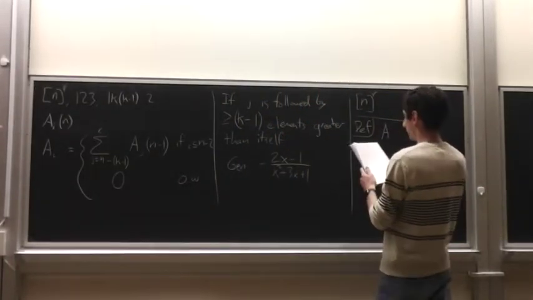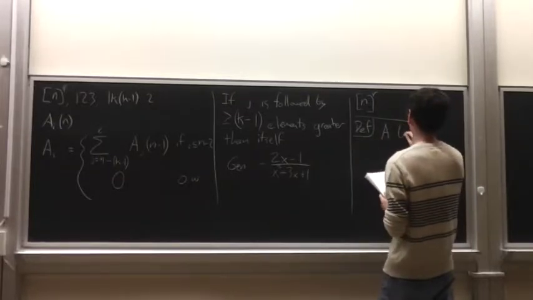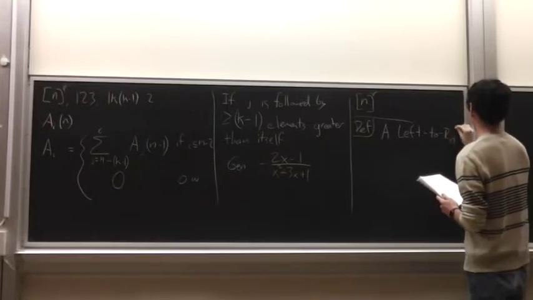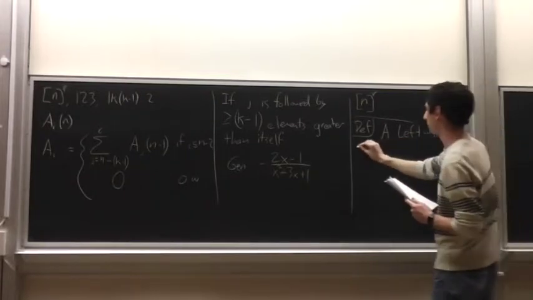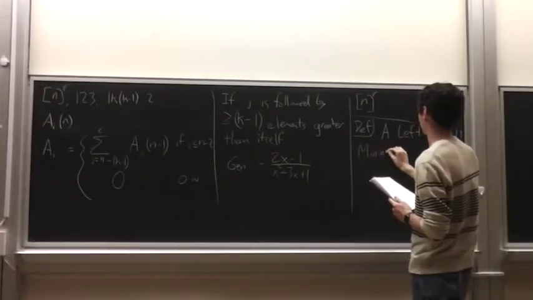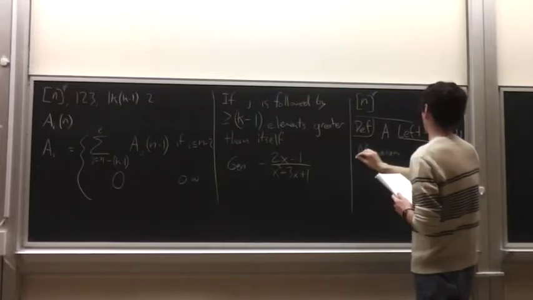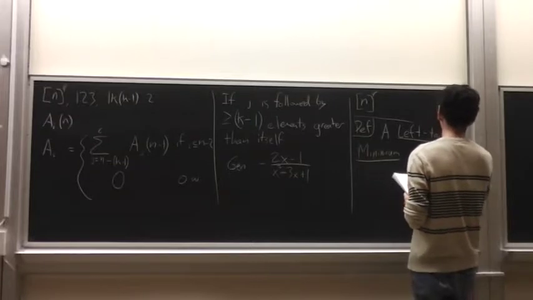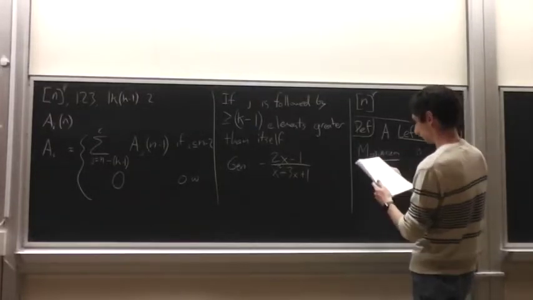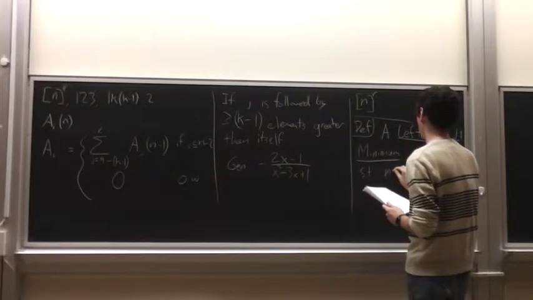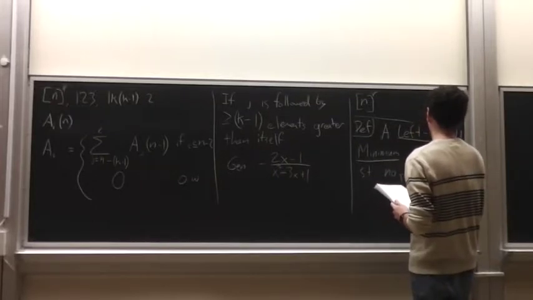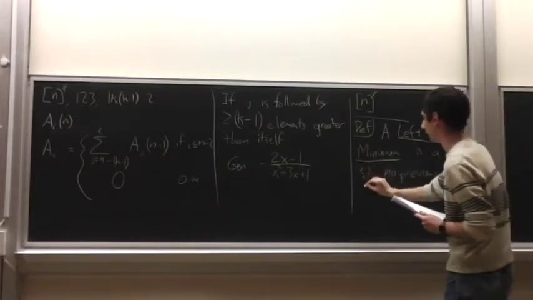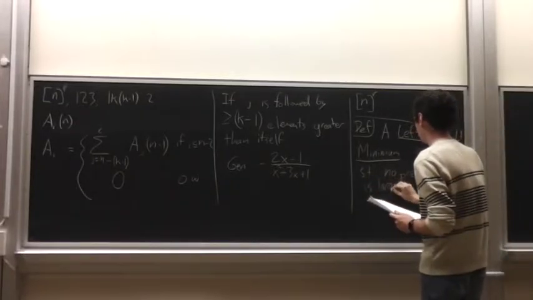So here's my definition. A left to right minimum is a letter such that no previous letter is larger.